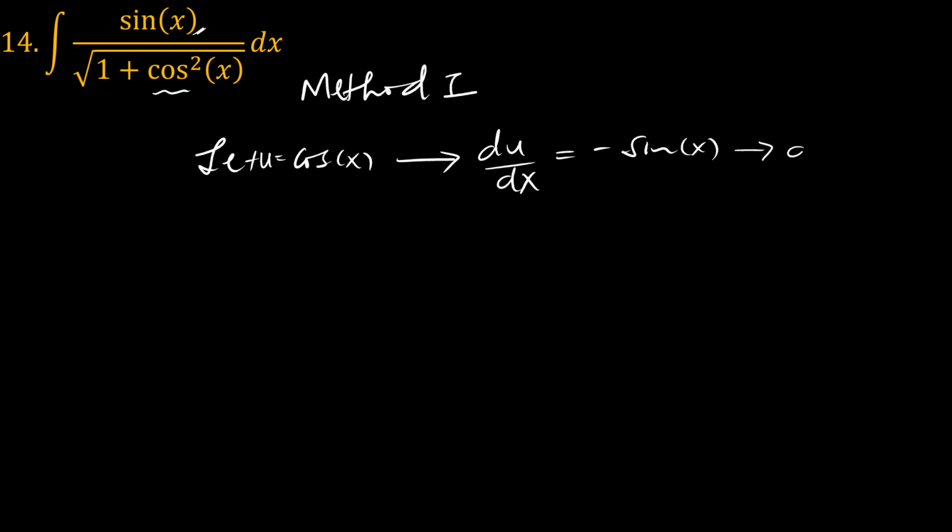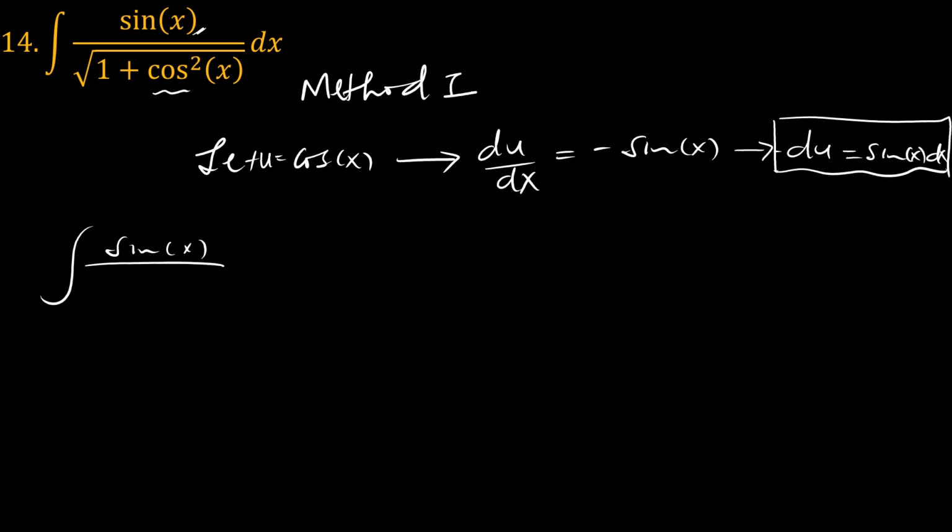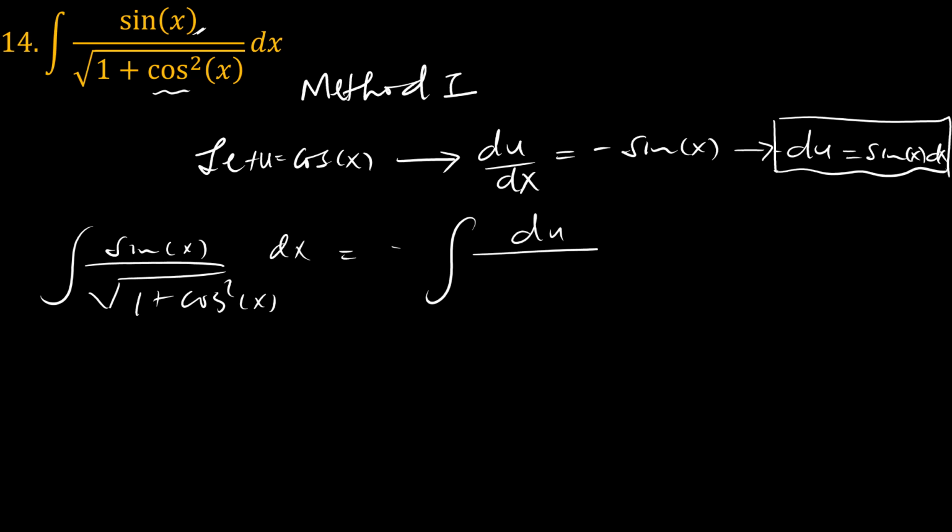Meaning that we can substitute for sine x dx with negative du, right? So our problem here becomes negative 1 over square root of 1 plus u squared.